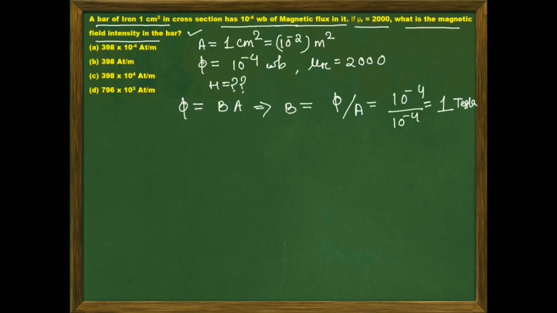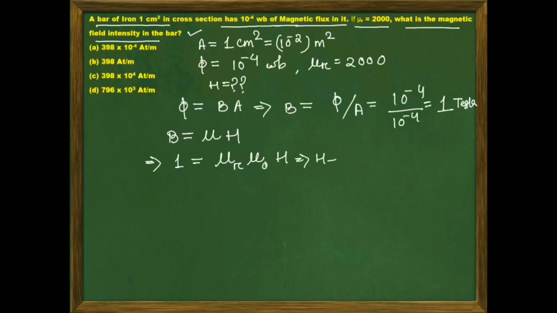Now we know from the last lecture that magnetic flux density equals mu into H, where B is 1, and mu is the permeability of the medium, that is mu r, the relative permeability, into mu naught, the permeability of free space, into H.